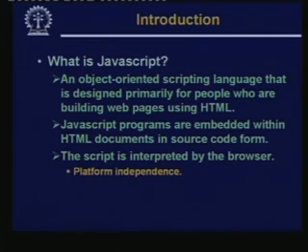Now, JavaScript programs are essentially embedded within HTML documents, and the point to note is that they exist within the HTML document in source code form. When a document is downloaded onto a browser, it is downloaded along with the embedded JavaScript source code, which gets interpreted by a JavaScript interpreter which is present within the browser itself.